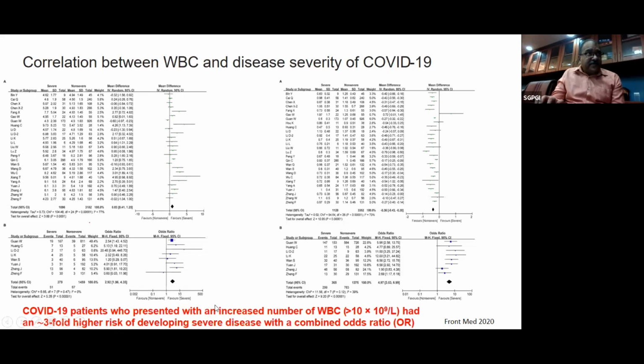Patients who presented with a WBC count of more than 10,000 had a 3-fold higher risk of developing severe disease, and the combined odds ratio was around 2.92 in this particular meta-analysis.